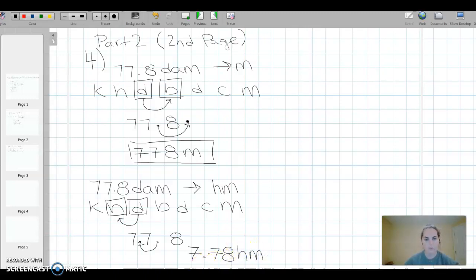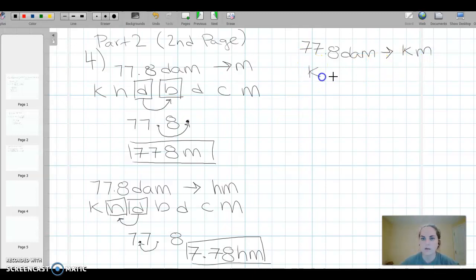We started with 77.8 decameters, and now we have 7.78 hectometers right there. And I'm just going to do the third part right up here. Again, we start with 77.8 DAM, and now we are asked to convert it to kilometers.